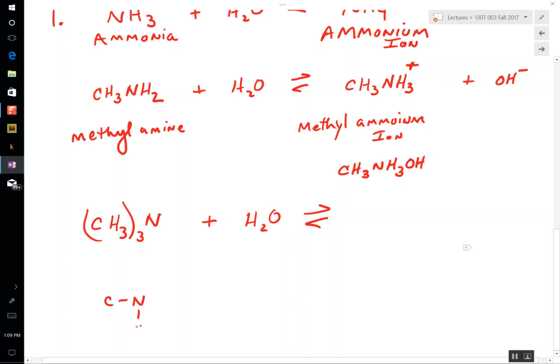This looks like this. How many hydrogens will be on the product? To the right.